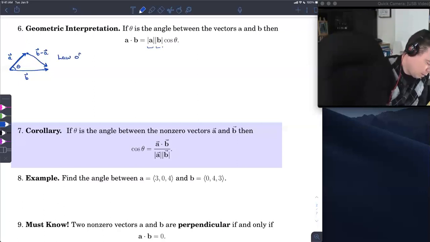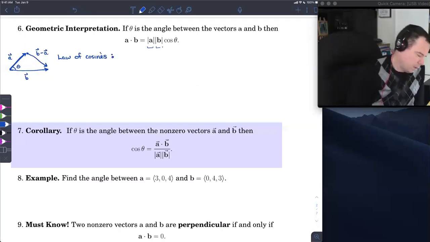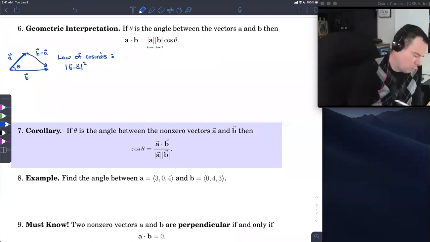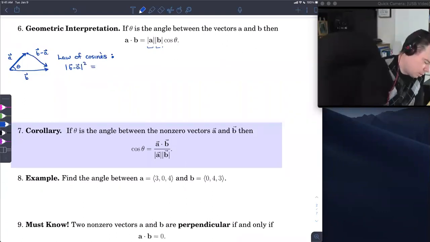So what we have is that the law of cosines says the following. If I've identified an angle I'm interested in, which in the diagram is that angle theta, then it says the length of the side opposite theta, the square of that, is equal to the sum of the squares of the other two sides minus twice the length of the other two sides times the cosine of the angle between them.